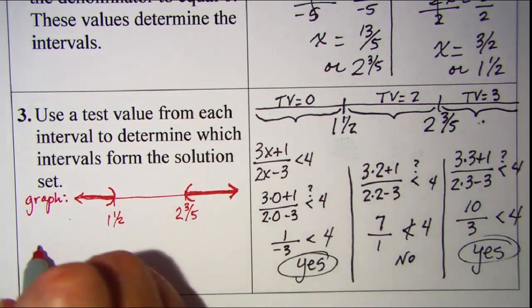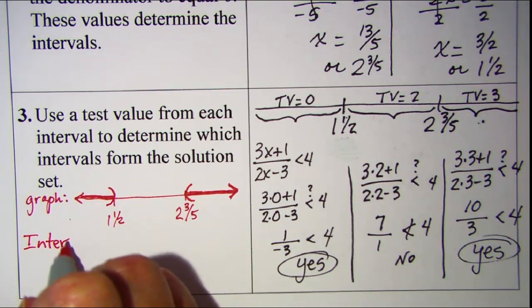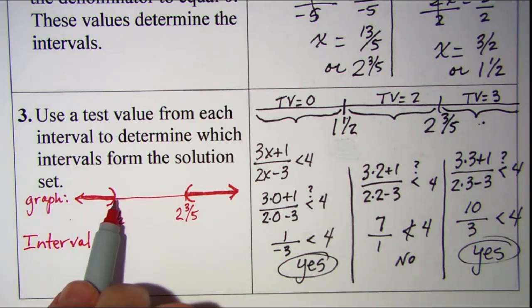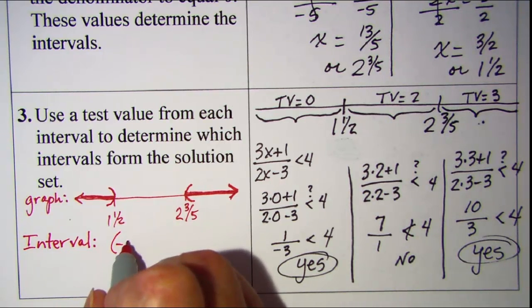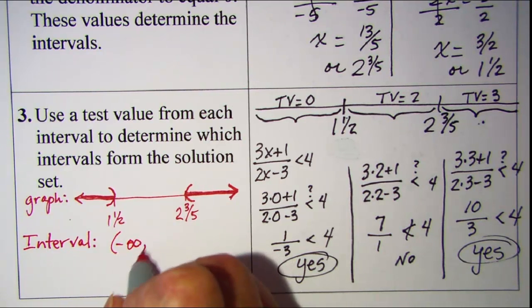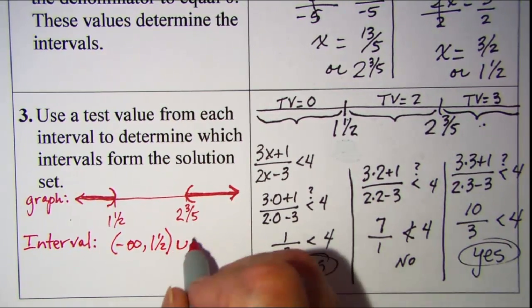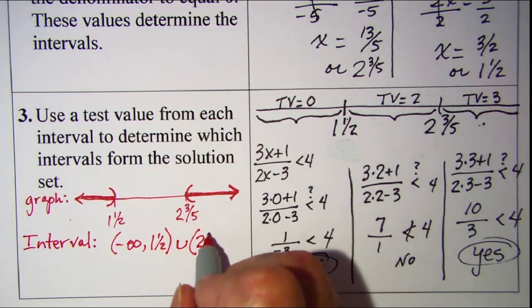The interval notation would be from negative infinity to 1.5, union with 2 3/5 to positive infinity.